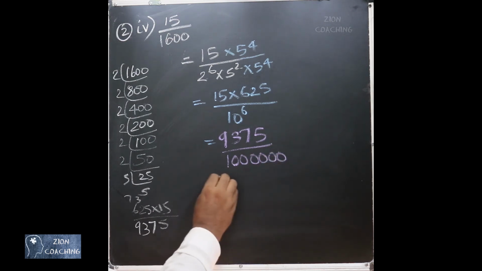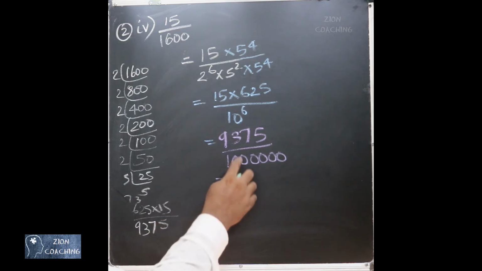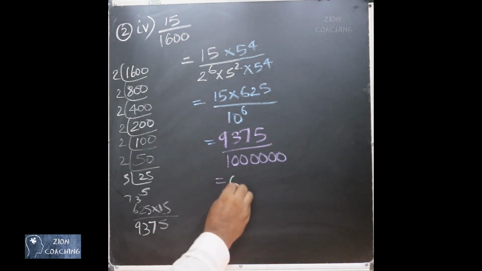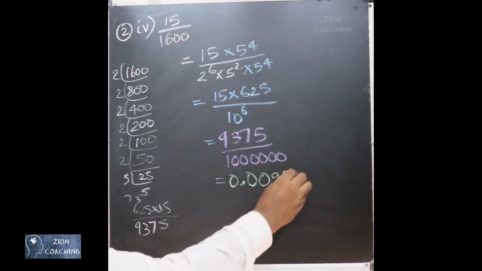Now since there are 6 zeros in the denominator, the answer should have 6 numbers after the decimal point, but we have only 4 digits there. So the answer is 0.009375.